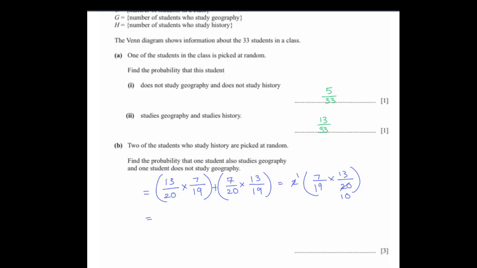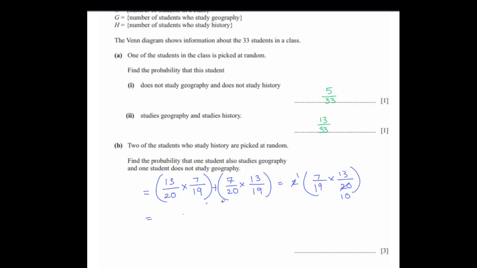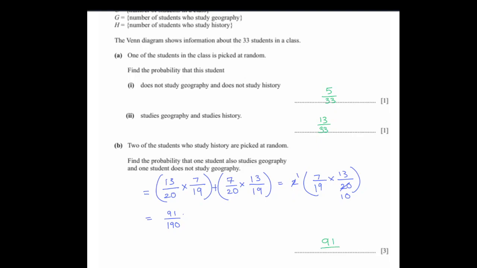So 7 into 13 by 19 into 10. Do that. 7 into 13 is how much? 91, and we know 19 into 10 is 190. So 91 by 190. This is the probability of the student who is picked. Question number 22 is done.